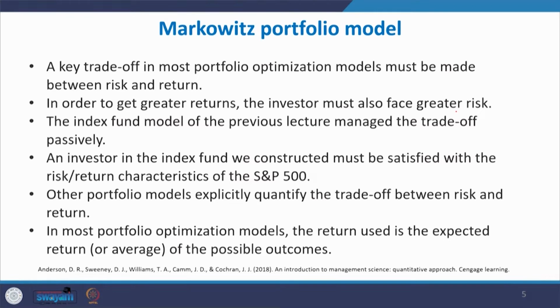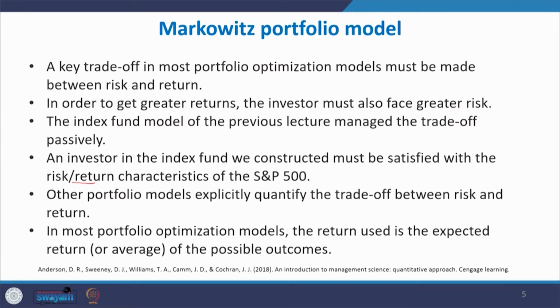An investor in the index fund we constructed must be satisfied with the risk return characteristics of the S&P 500. He has to consider the risk and at the same time the return also. Previously we considered only the return. Other portfolio models explicitly quantify the trade-off between risk and return.